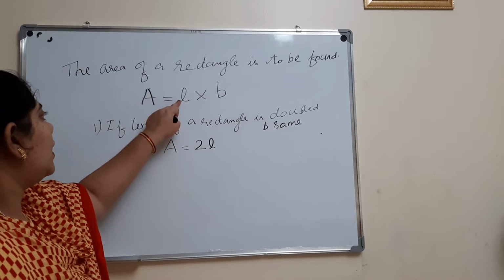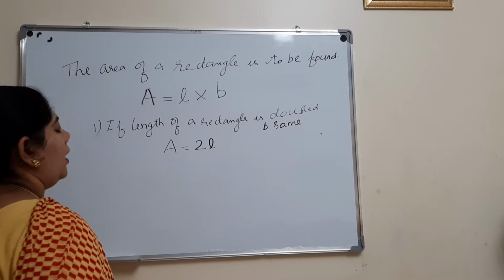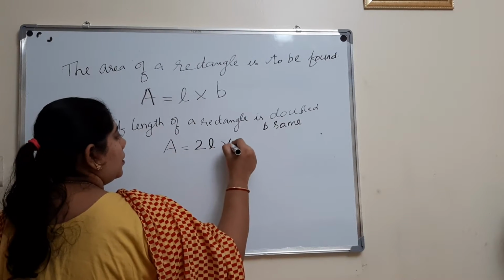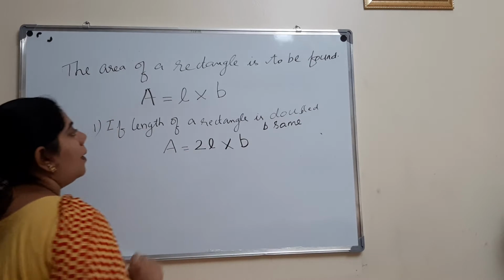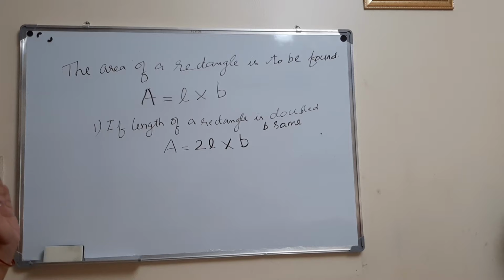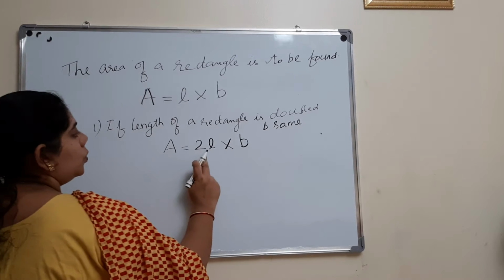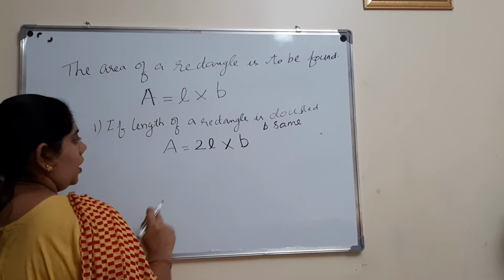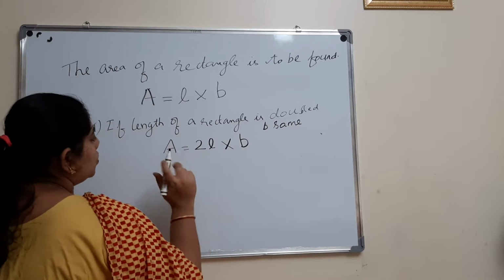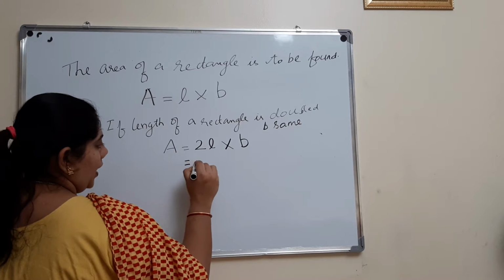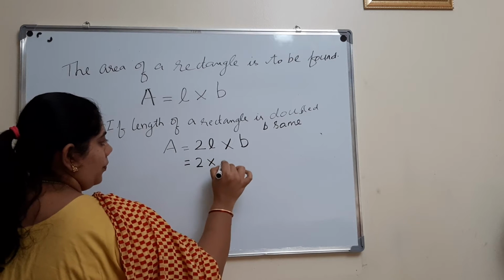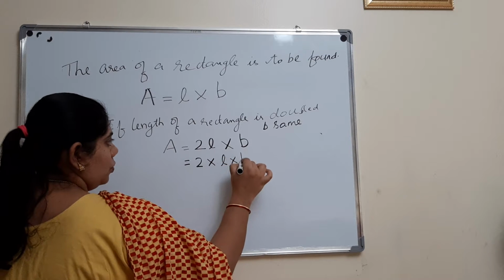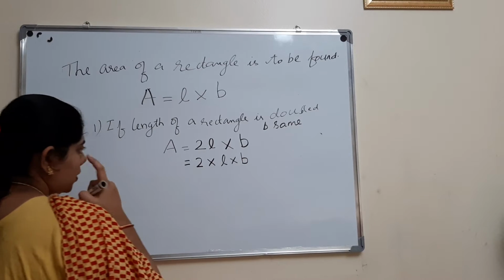So now the length becomes 2L and the breadth remains same, means the breadth is same as before. So now 2L into B. 2L means 2 into L. So I can write this as 2 into L into B, right?